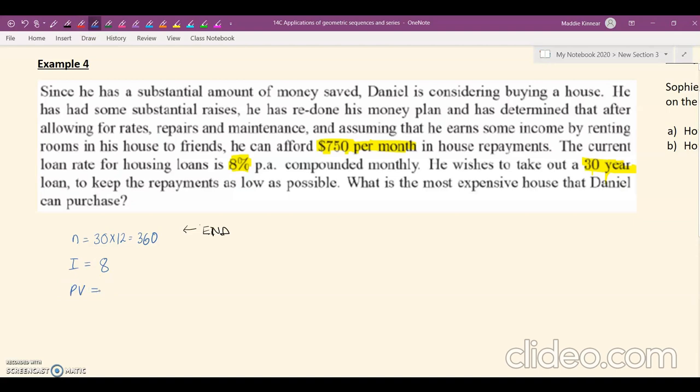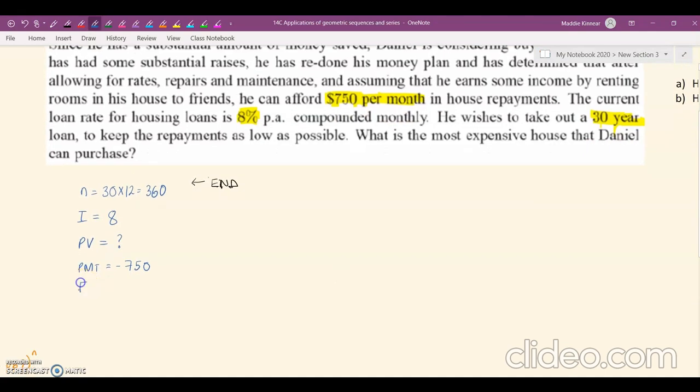So that's basically at the moment, how much can he borrow? So that actually is our question. That's what we want to know. Our payments are going to be equal to negative $750, because we're paying them, they're leaving our account. And obviously, the future value of this loan, if he's paying off a housing loan, would be 0. We don't want him to have anything left on this loan at the end. And our per year and compounding is 12.